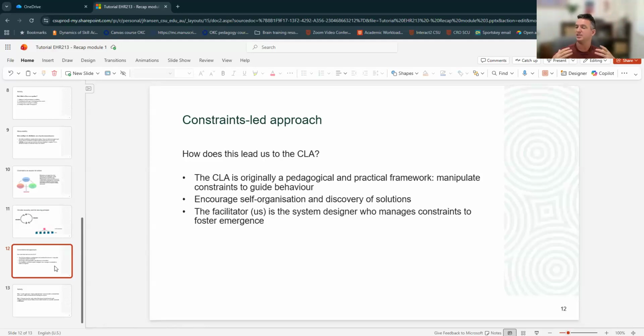If you want to make a difference in someone's life, you can't stand next to them 24/7. You have to design environments in which the behavior that you want is sustained through a feedback loop without you necessarily always being there to motivate them, to tell them what to do, and so on. So we encourage self-organization, and the facilitator, which is us, becomes the designer of the environment in which they get the behavior that we are looking for.